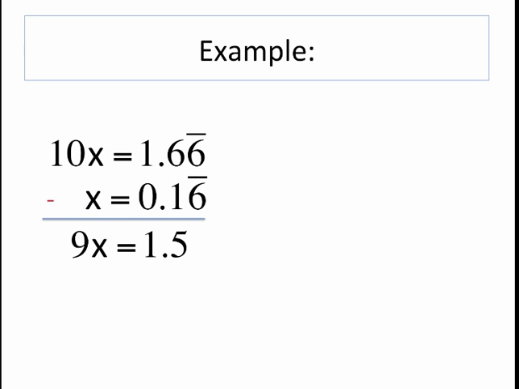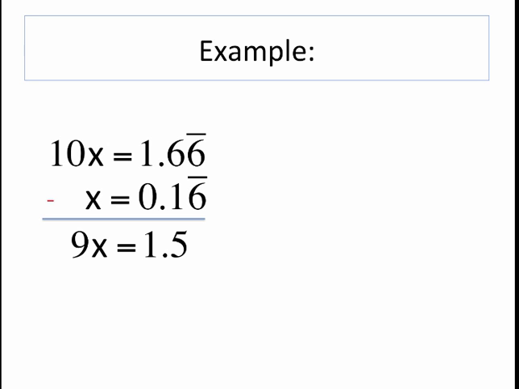On the right, 1.666 repeating minus 0.16 with the 6 part repeating. You'll notice I wrote that extra 6 first before the repeating part to emphasize the subtraction here. The regular 0.6 will cancel out, and then you have 1.6 minus 0.1 to give me 1.5.